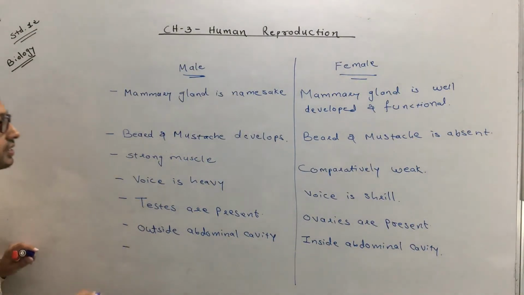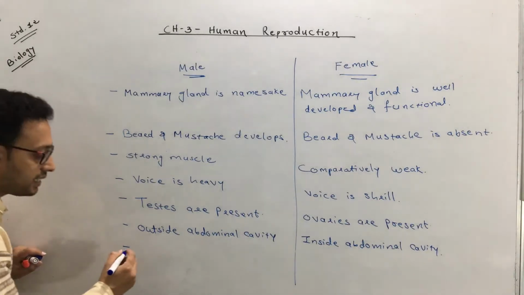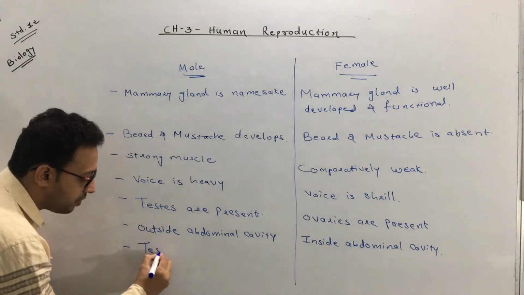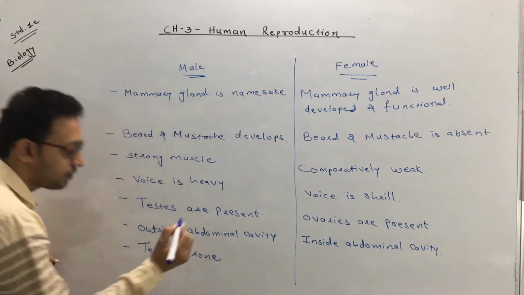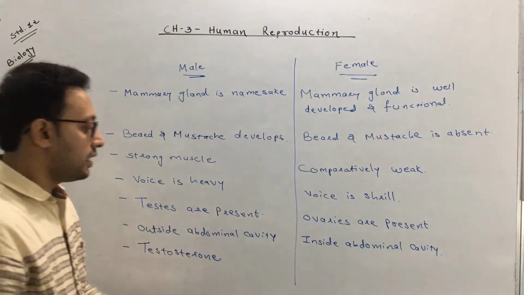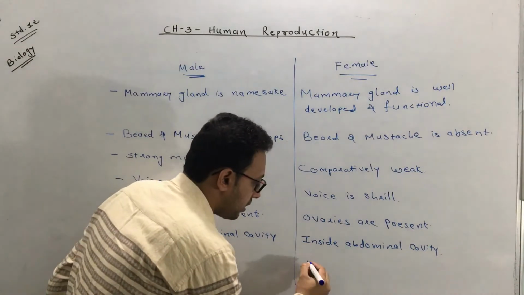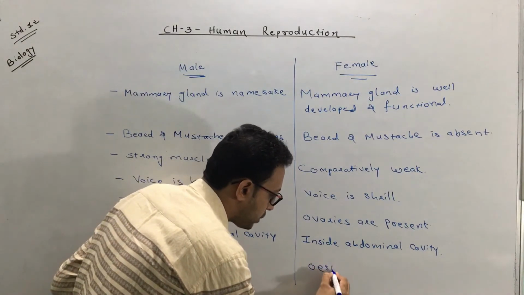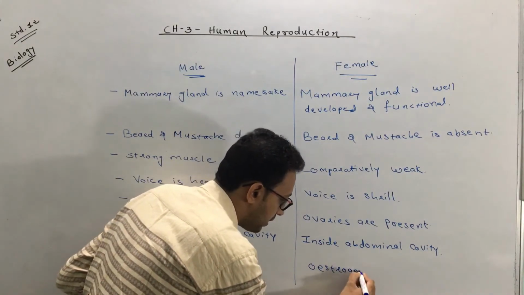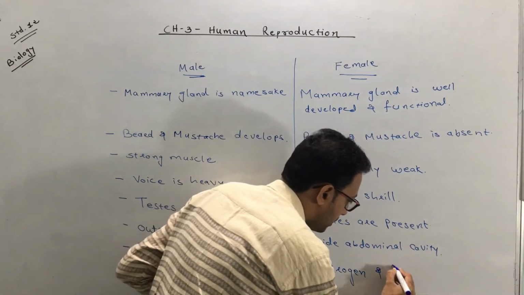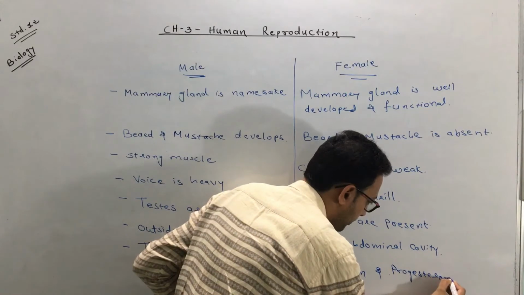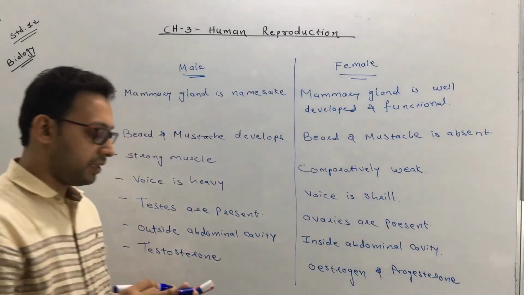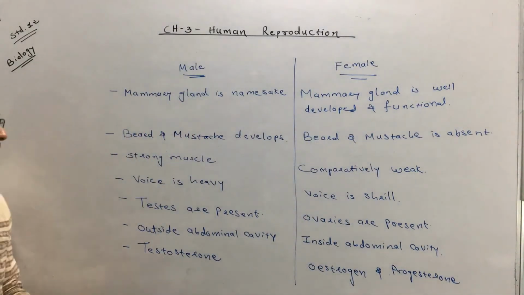Next, another difference, the testes. The testes secrete a hormone called testosterone, whereas two sexual hormones are released by female. One is called estrogen and the second one is called progesterone. So here the testis secretes which hormone?